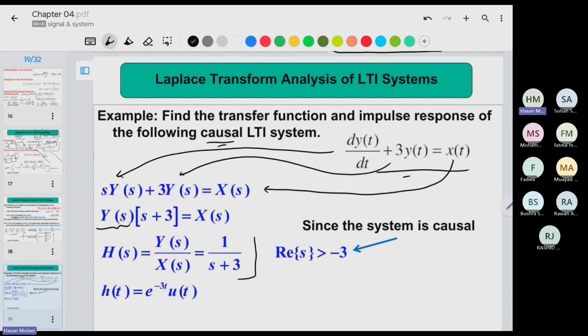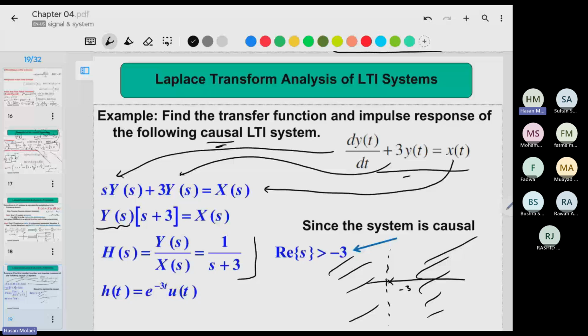Since they ask us if the system is causal, which means ROC should be right-sided. So it has one pole, which means if there is one pole on -3, that means ROC can be only this side or this side. We know ROC cannot include any pole.